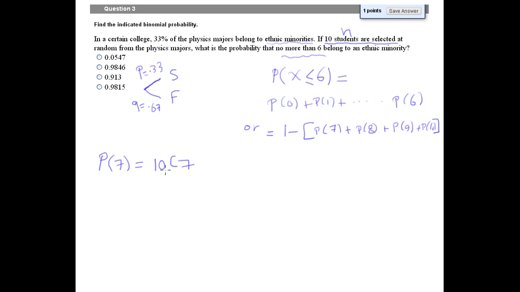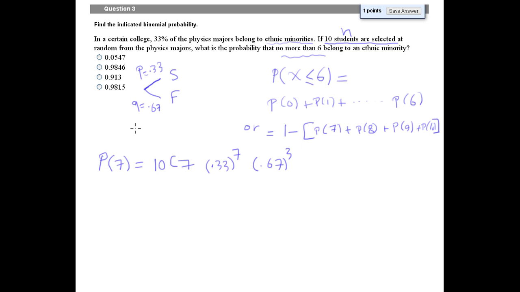Let's continue the rule. nCx, p to the power of x, which means 0.33 to the power of 7, and then q, which is 0.67 to the power of n minus x, which would be 10 minus 7, that would be 3.